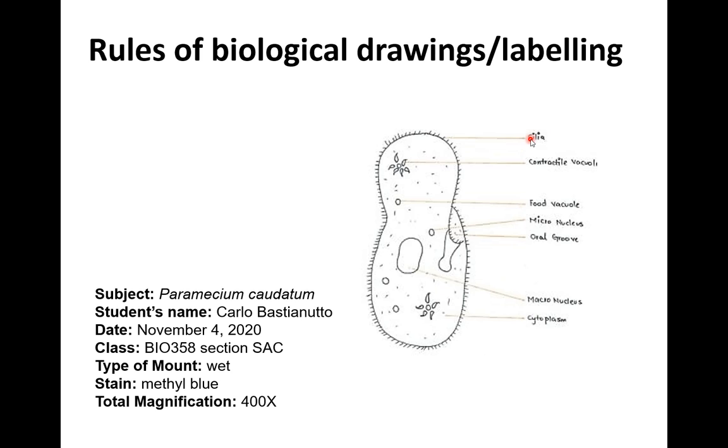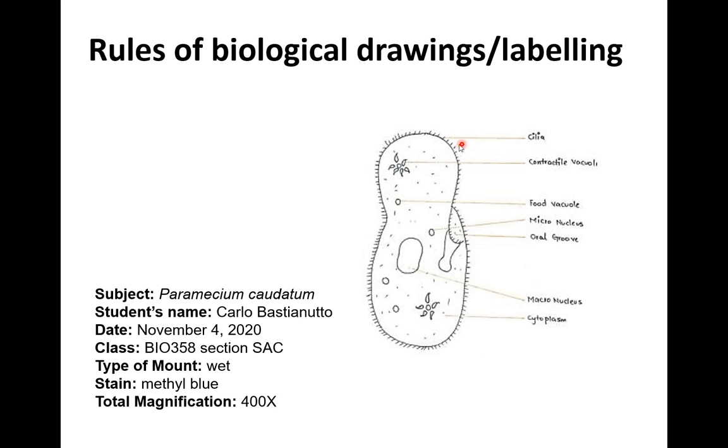And then each labeling should be joined to the corresponding structure by a straight line, not an arrow. You want to use just a straight line that points to it and not an arrow, because you want to minimize the amount of structure in that drawing that are covered by the line. So the simplest line is a straight line, you use that.